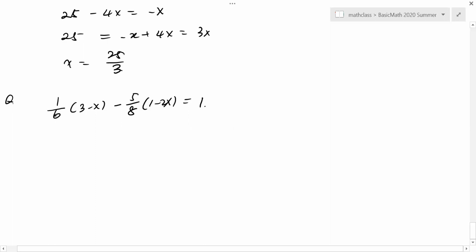How do we get the least common multiple? You have a 6, right? 6 is going to be 2 times 3. 8 is going to be 2 times 4. So you have to have a 3 and 4, right? So the least common multiple is going to be 3 times 4.